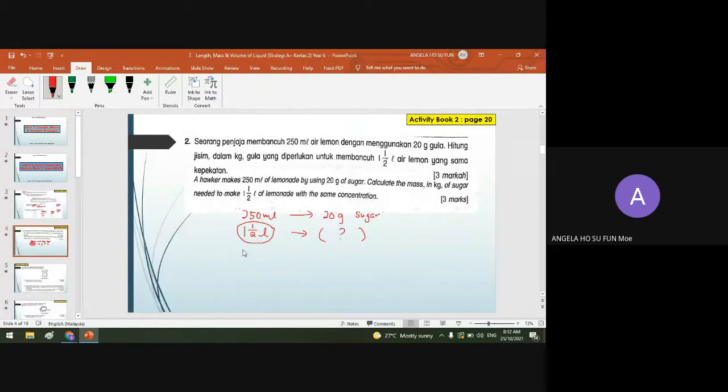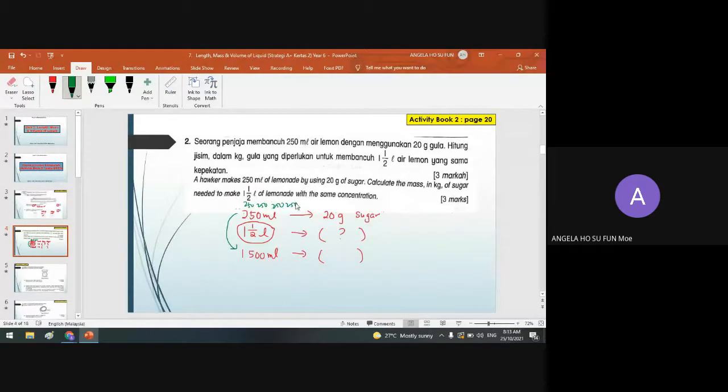So it will become 1,500 ml, which is equal to how much sugar? First of all, if I were you, from 250 times what will I get 1,500? You can see here, 250 times 2 is 500.